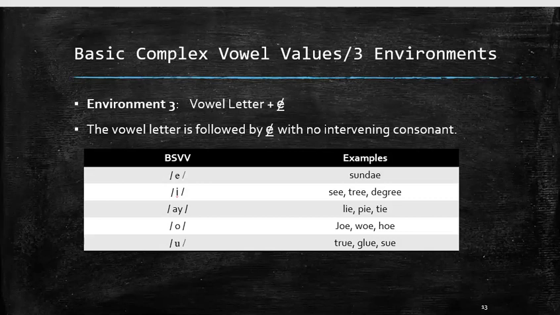So we've talked about the two basic vowel values, these being simple and complex. Maybe something that you should be able to remember is that the simple vowel values correspond to 5 vowel phonemes that are lax. Important that you remember what they are, corresponding to each of the graphemes or letters, right?